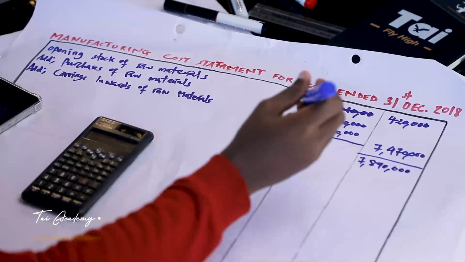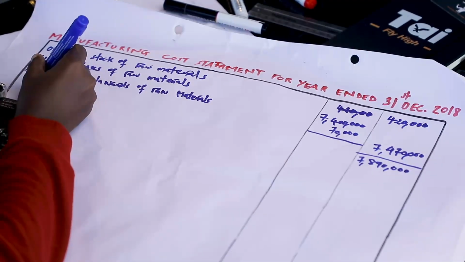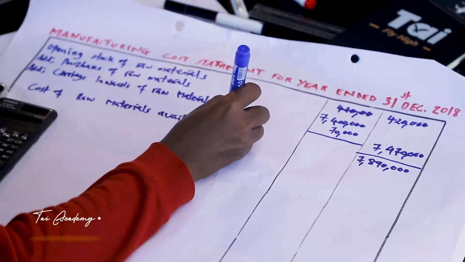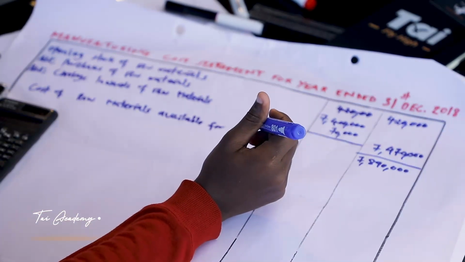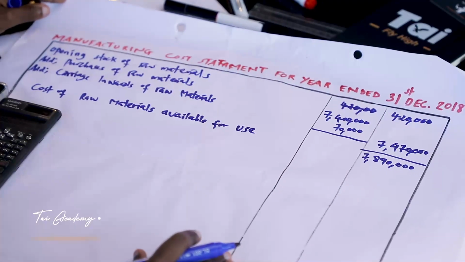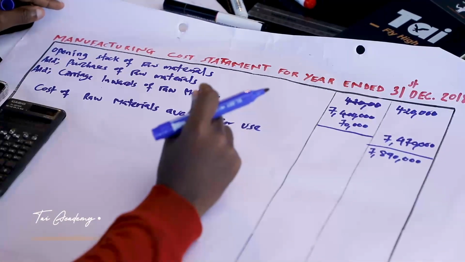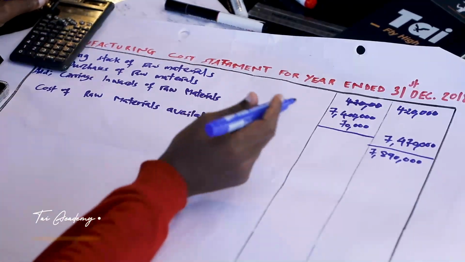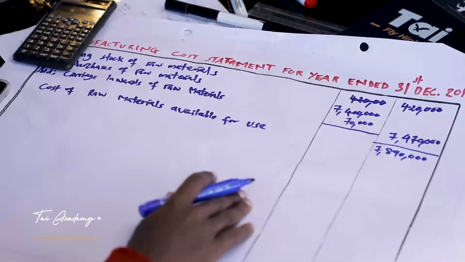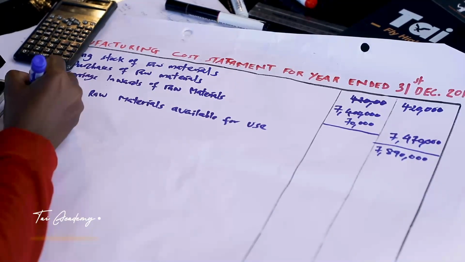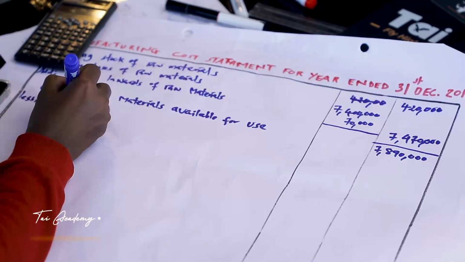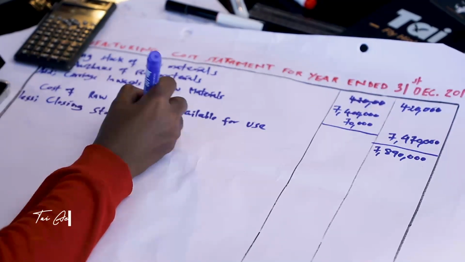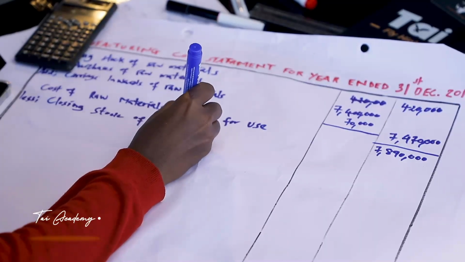So after adding there, we get the cost of raw materials available for use, because the manufacturing cost statement is mainly for producing goods, so we should not sell them. So we shall get the cost of raw materials available for use, and lastly we are going to less the closing stock of raw materials.